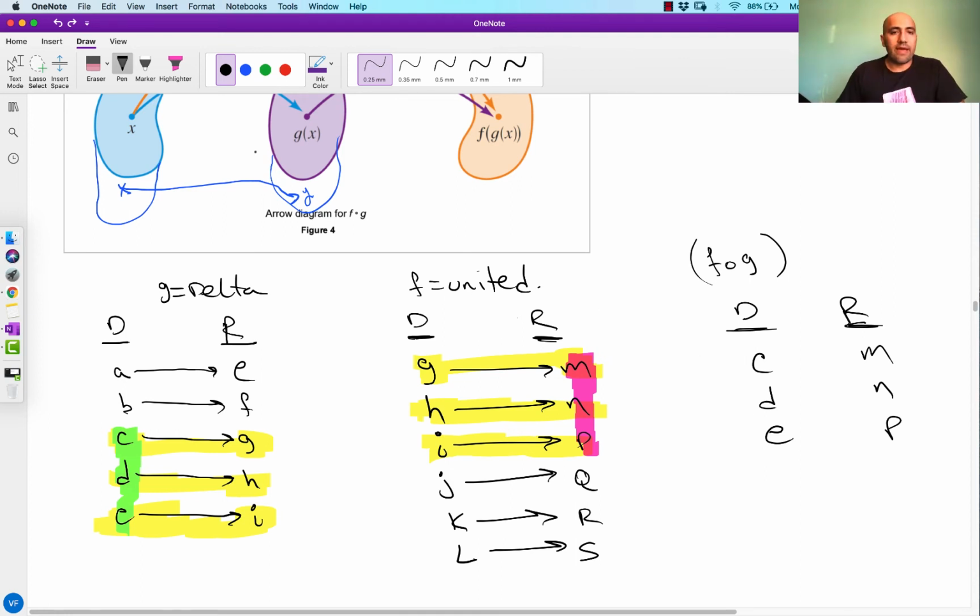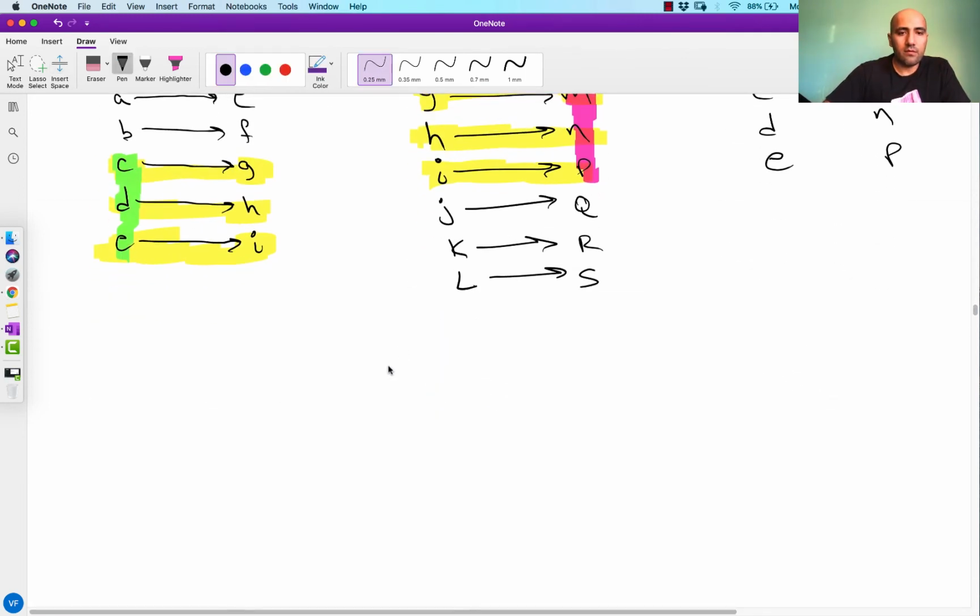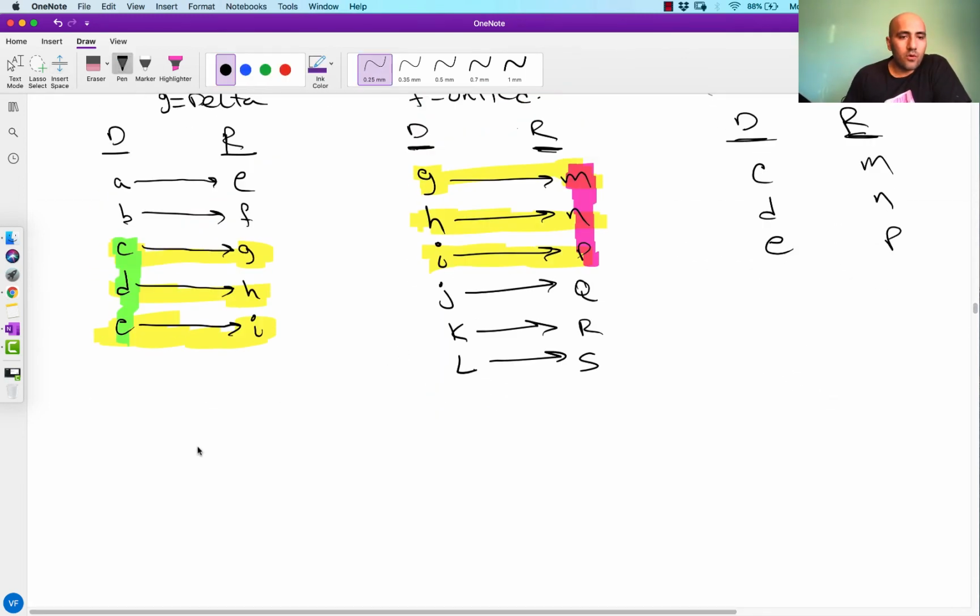Okay, and so going back to this jelly bean notation, if I was going to do all this with jelly beans, there would be a domain of the G function. It would have A, B, and then C, D, and E, and then be a little subset there.